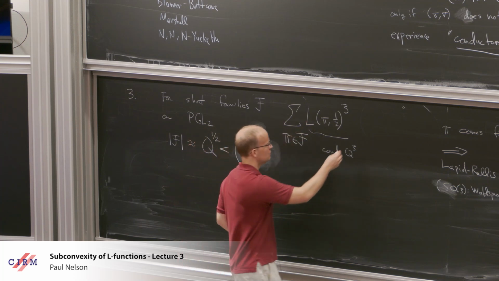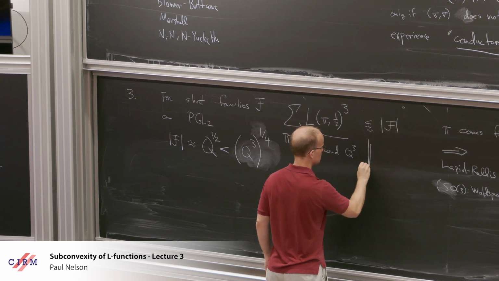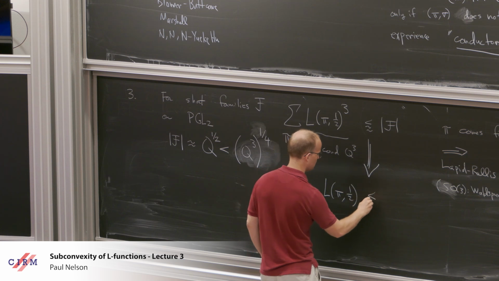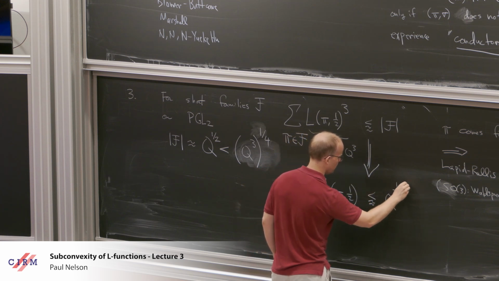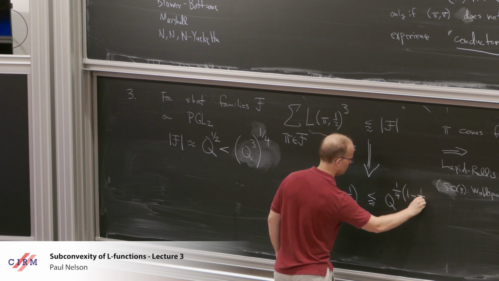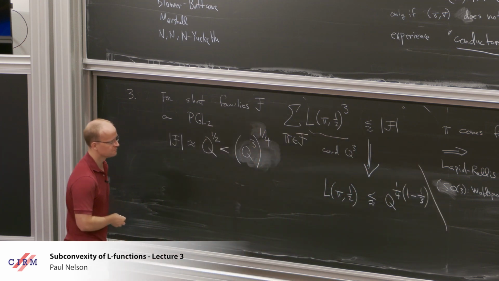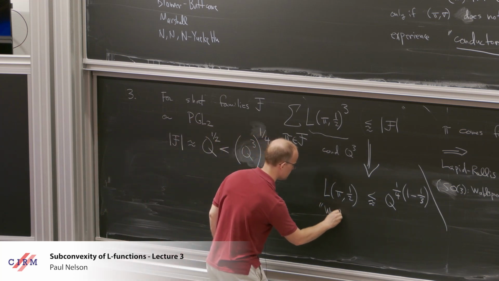If you can get an estimate like this, so this implies that L of pi half is bounded by, so okay, q to the quarter is the trivial bound, and you can do better than that by the fraction 1/3. So this is, I think Philippe mentioned this. This is this Weyl type savings.